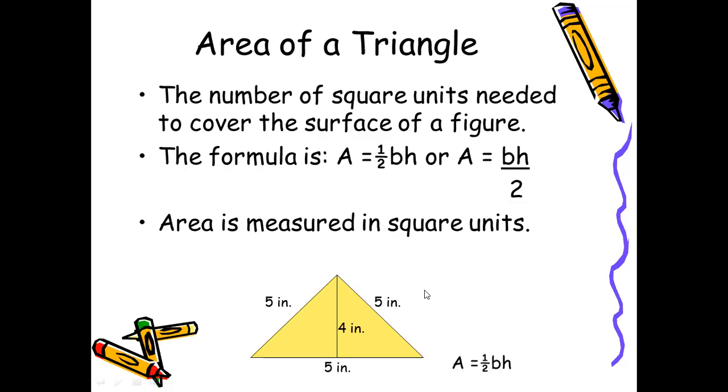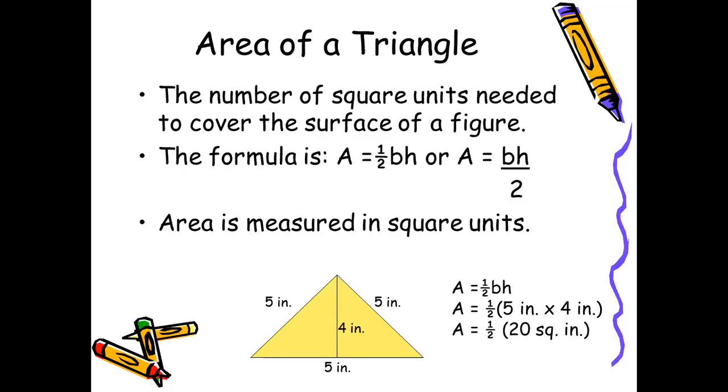Okay, so let's find out by using the formula how we can find the area of this triangle. Here they have used half BH. So half multiplied by 5, that's the base. Base is again the down length, multiplied by 4, which is the height. As you know, you have to multiply what's inside the parentheses first. 5 fours are going to give you 20.